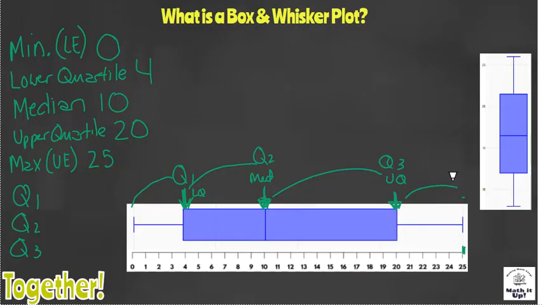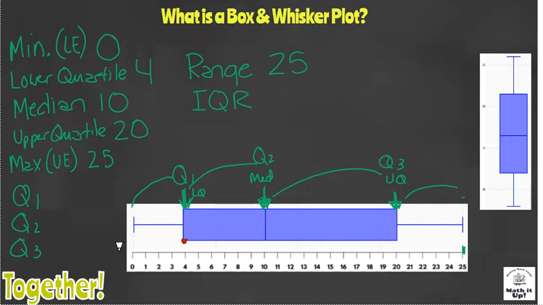So there is another couple of things that we can gather from this, and that is the range of data, which would work just like the range of any data set. We know that the data goes from 0 all the way to 25, so the range of data is 25. But there is another important range when it comes to these box and whisker plots, and that is called an interquartile range.